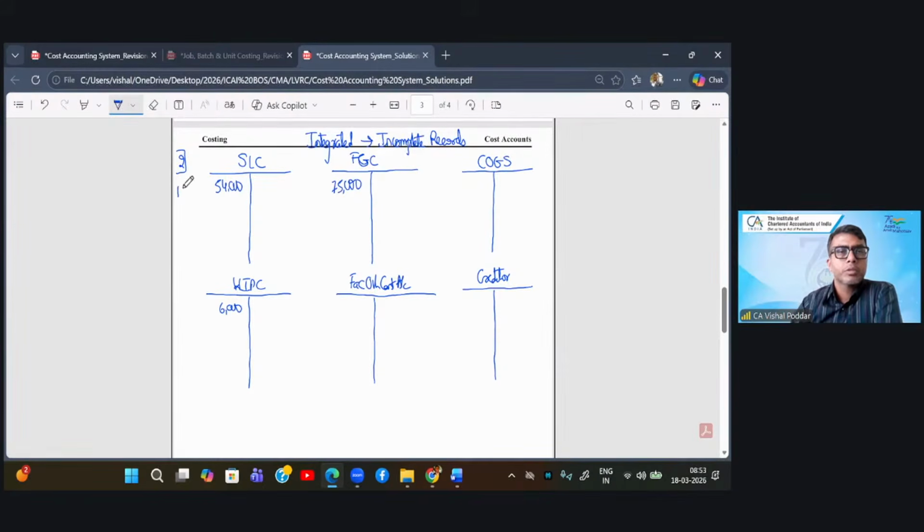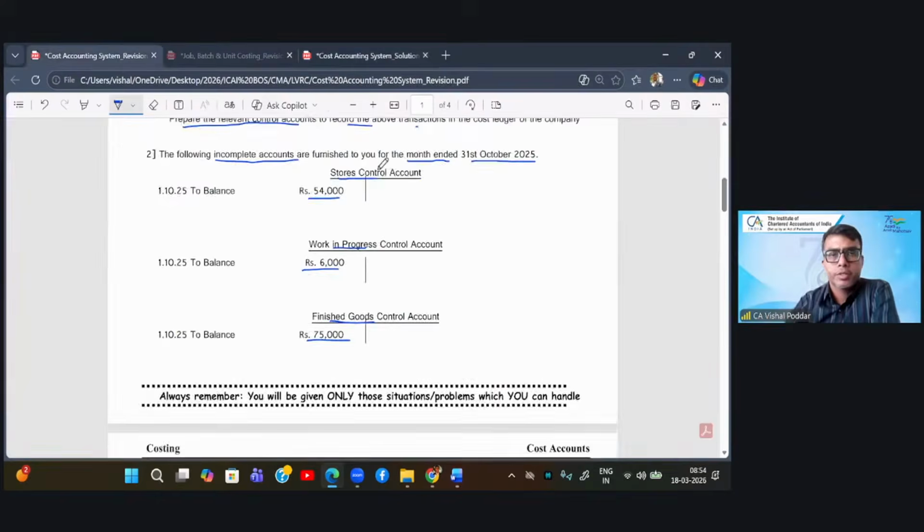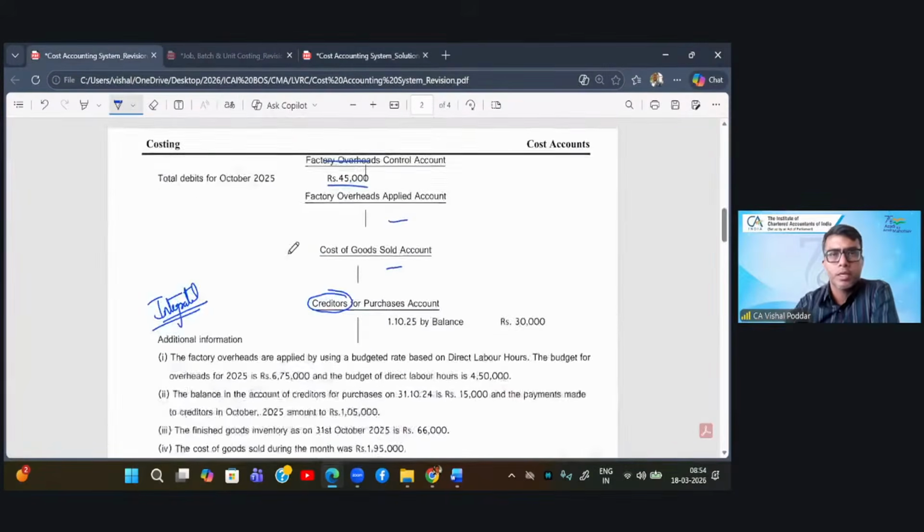Correct? So this is to balance brought down. The opening balances of these three accounts are done.